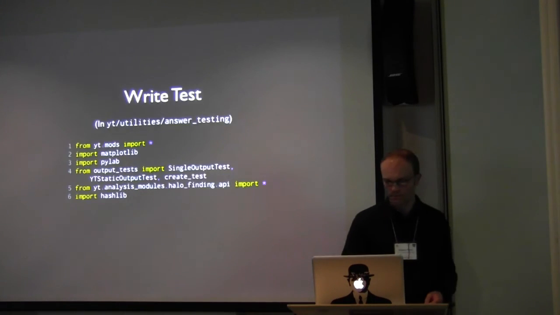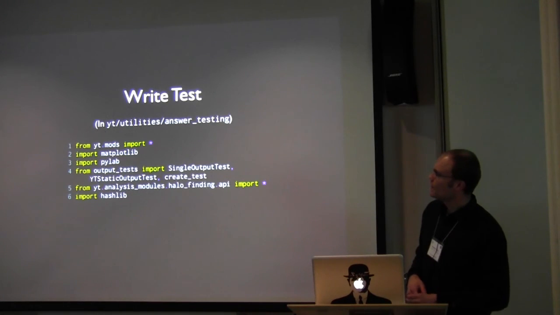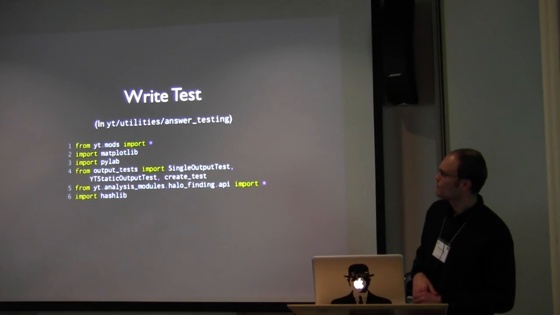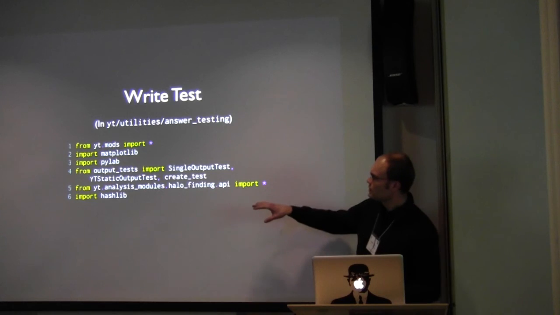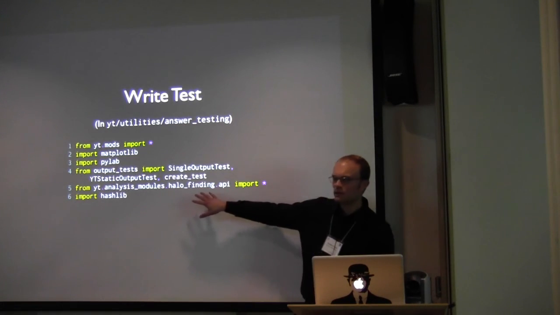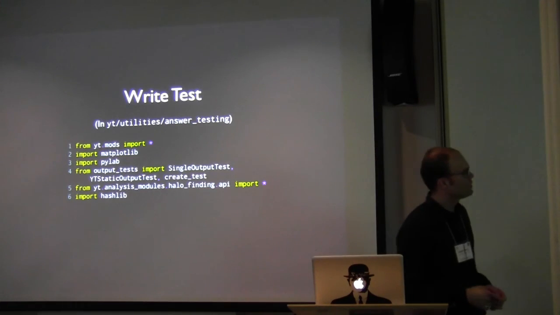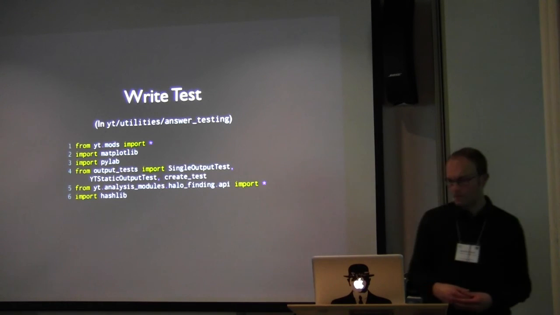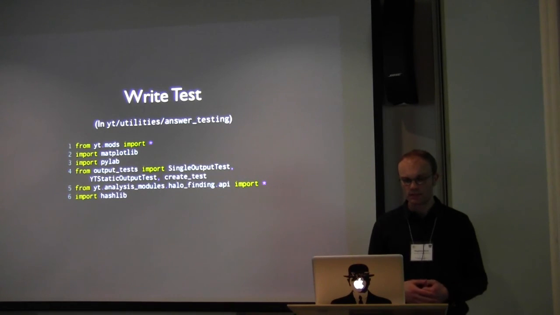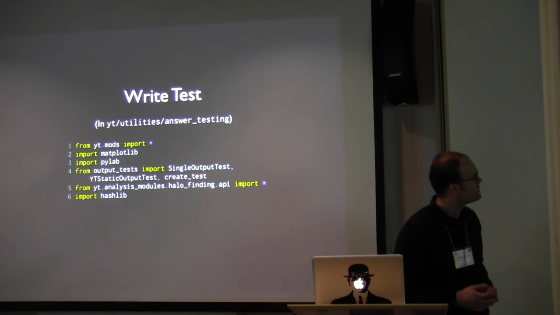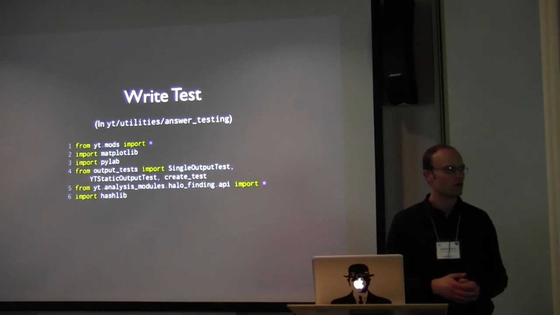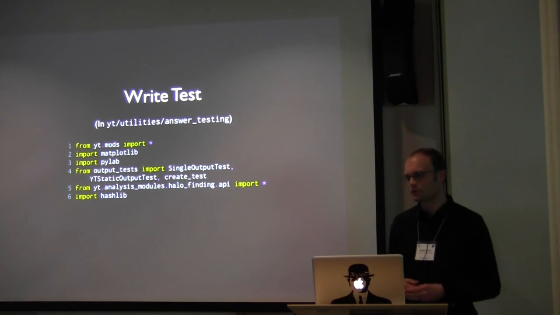So for example, in the YT utilities answer testing, almost all of the files start with lines like this, which call the necessary modules, including these single output tests, YT static output test. Those are the things that allow you to do comparisons between runs.